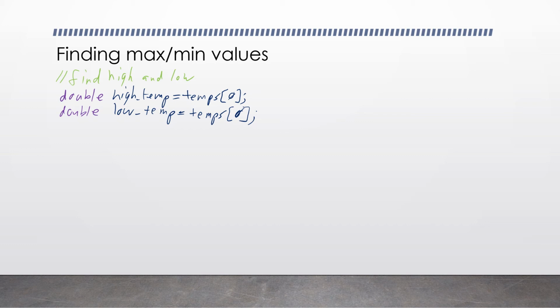Now, for int, because we're using array indexes, int i equals 0.